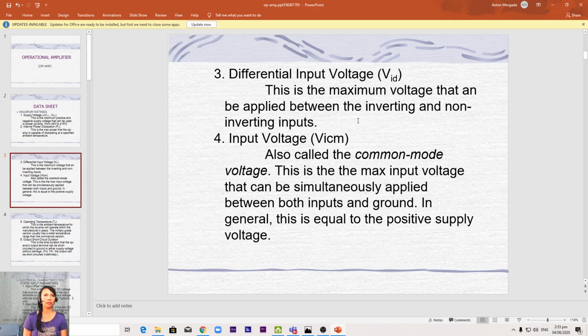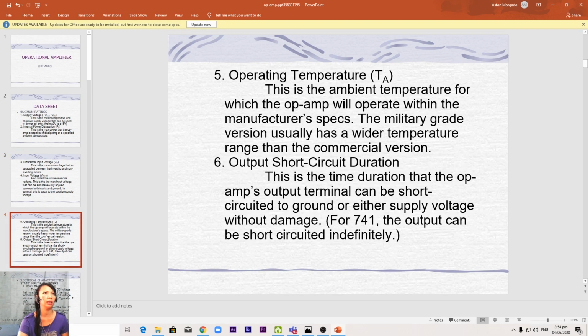This is the maximum input voltage that can be simultaneously applied between both inputs and ground. In general, this is equal to the positive supply voltage. Common mode input is generally referred to as noise.